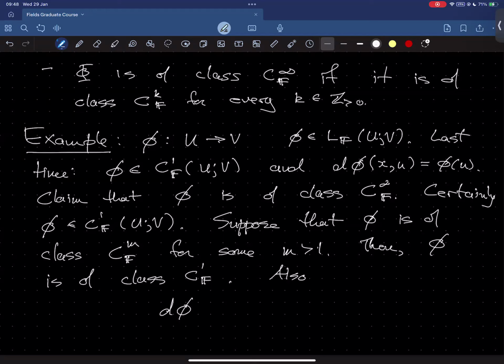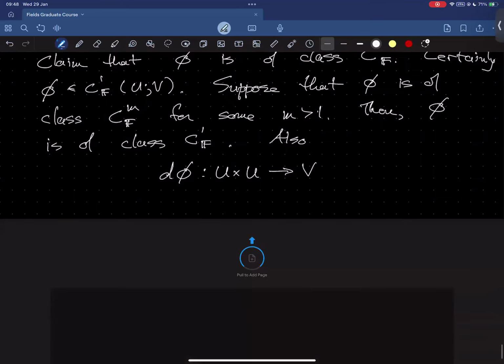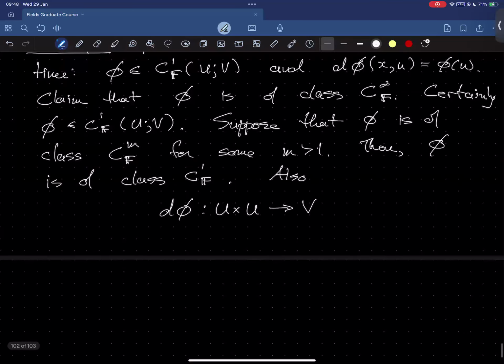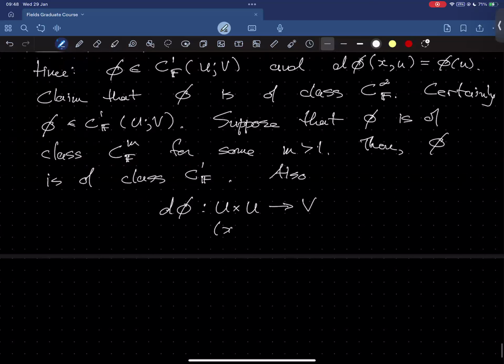Okay, so d phi here is a map from U cross U to V. And what does it do? Well, it sends x and u to phi of u, as we saw above, and as we saw last time.